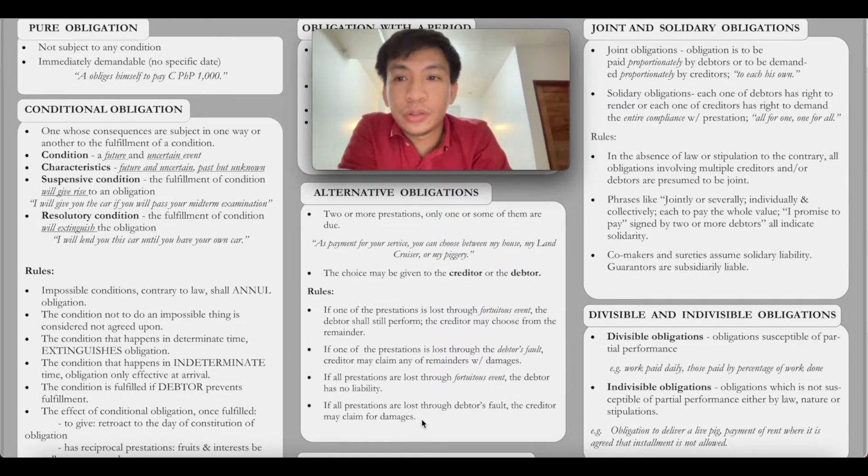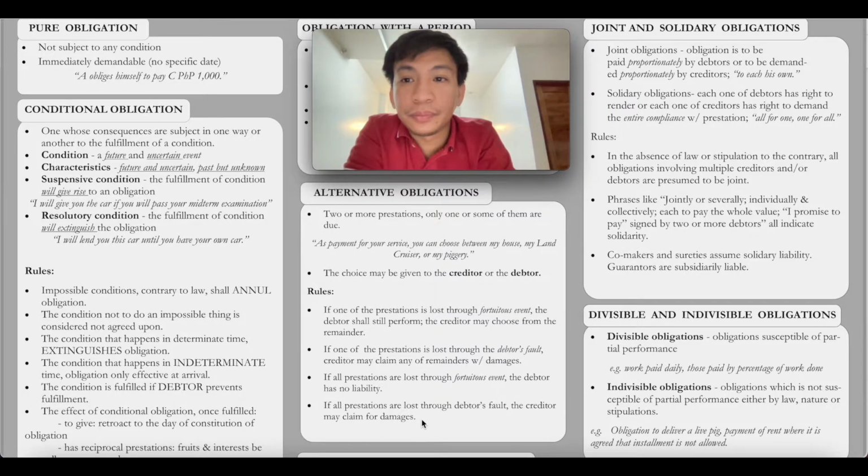Dito sa joint or solidary obligations, it presupposes na mayroong two or more debtors, two or more creditors, or both.